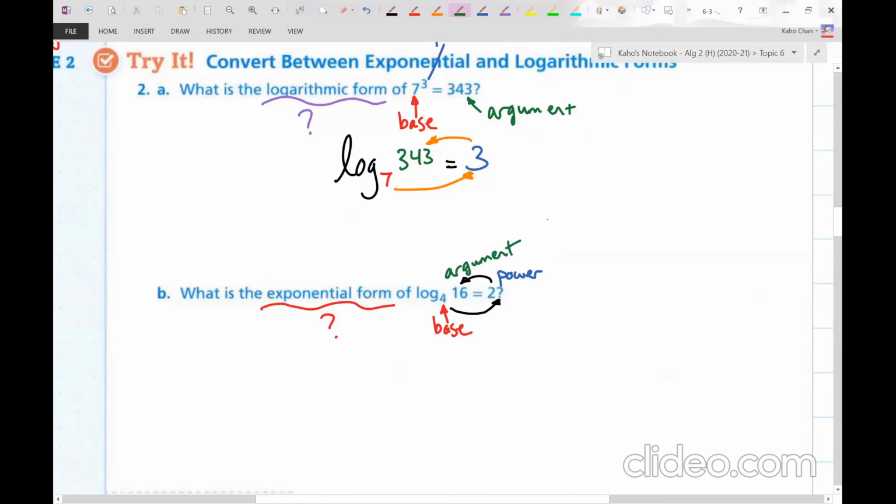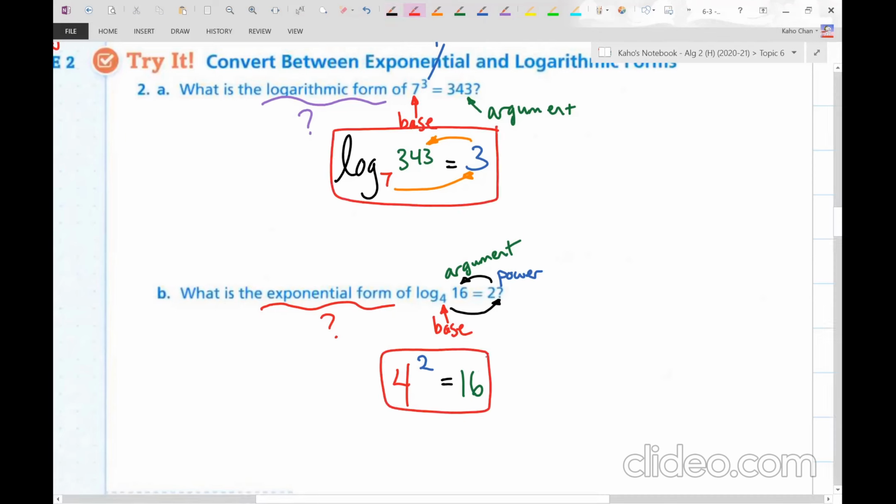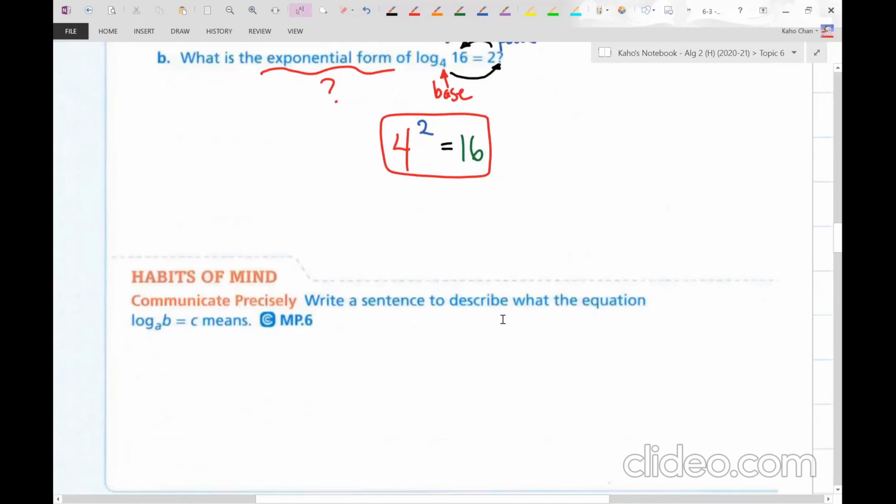And that's it. Base is 4, the little guy, brought to a power of 2. And that equals the argument 16. And there it is. That's true, isn't it? 4 squared is 16.